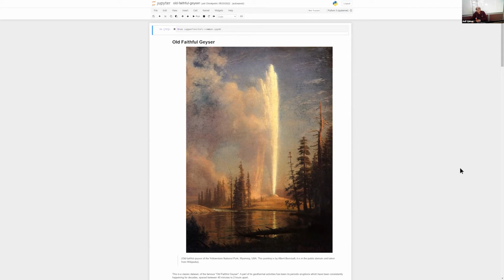Now, the longer it lasts, the more, I suppose, the energy is dissipated, and so the longer it takes for the water underneath to develop enough pressure to again come shooting up. When you look at this picture, it looks quite beautiful. In real life, it's even more breathtaking.